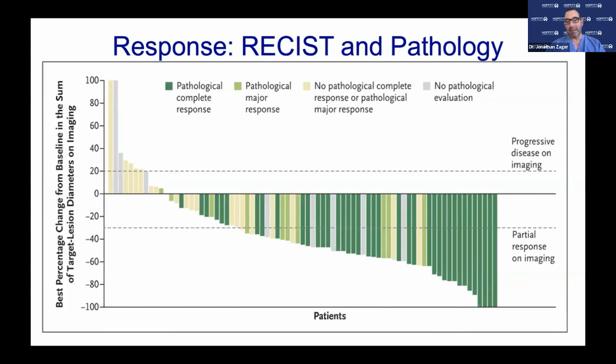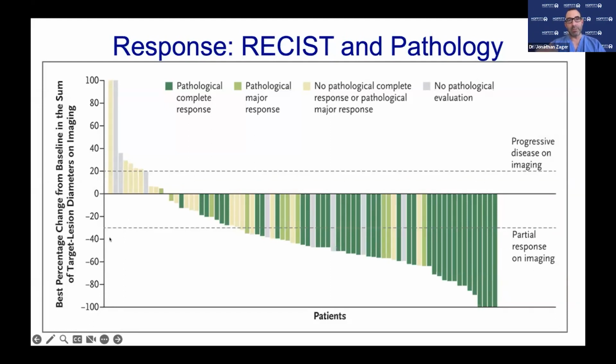When you look at this type of plot that's on your screen, and I just have one or two more slides, everything that's a downward reflection of a line means that their tumor responded on imaging. So it went from 10 centimeters to 9 centimeters. That's a response. It doesn't necessarily mean it's going to be minus 20 or minus 40.